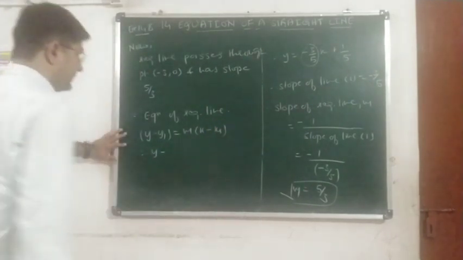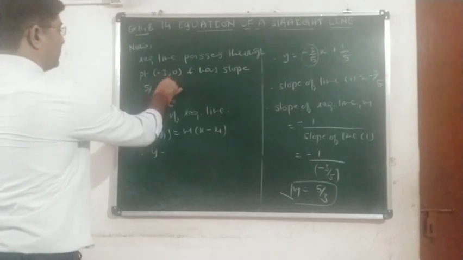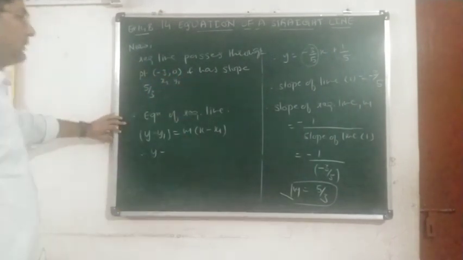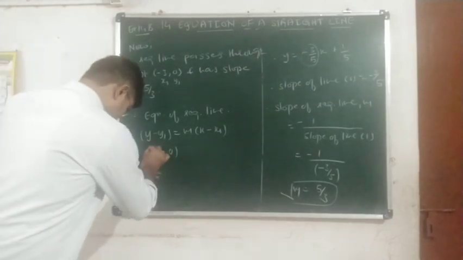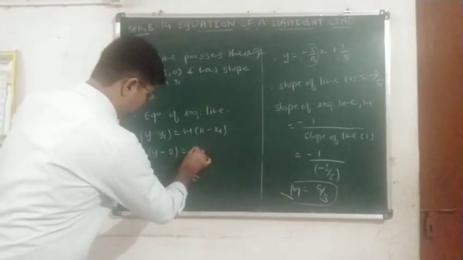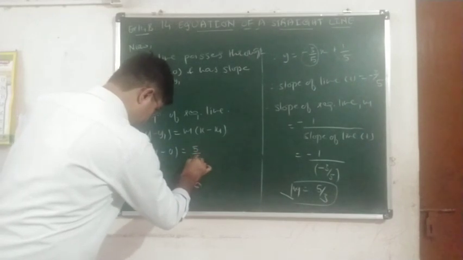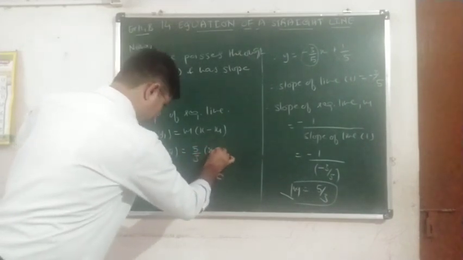Here x1, y1 are the coordinates of the point on the line. So y minus 0 will be equal to m, m is 5 upon 3, into x minus minus 3, that is x plus 3.